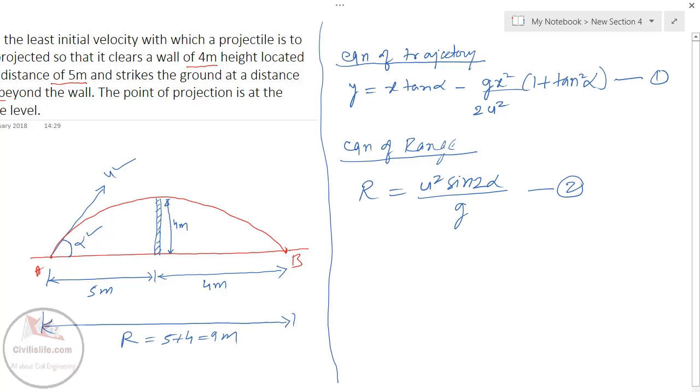Now see here, if I choose the first one, y is known to me and x is known to me, as x is 5 meter. For this particular case at a 5 meter distance a 4 meter wall is there.